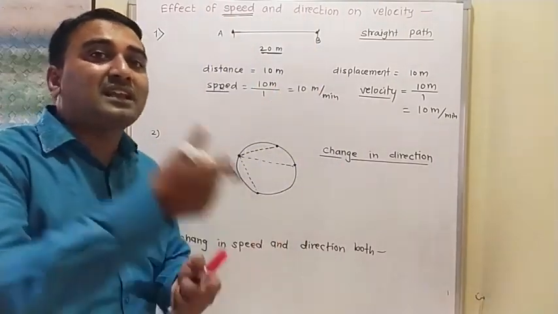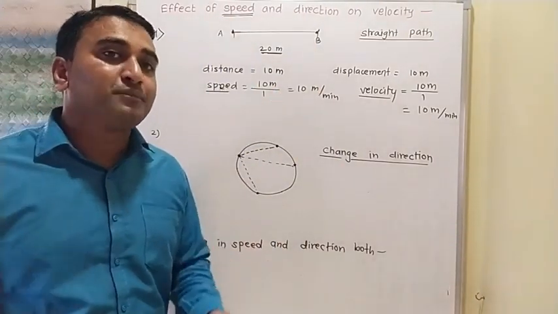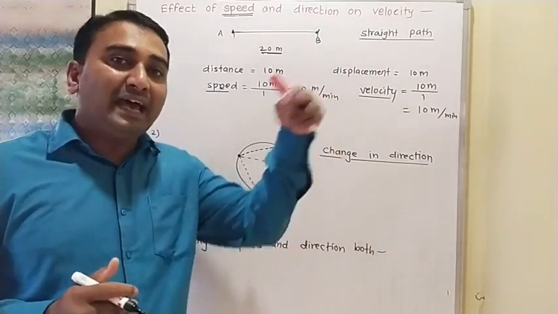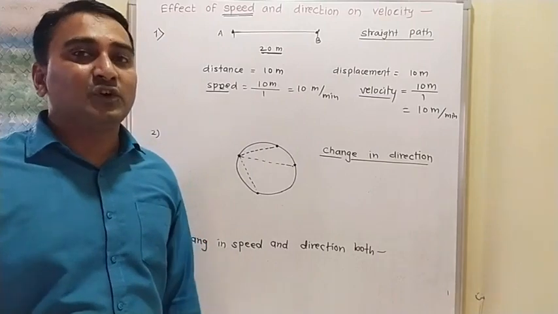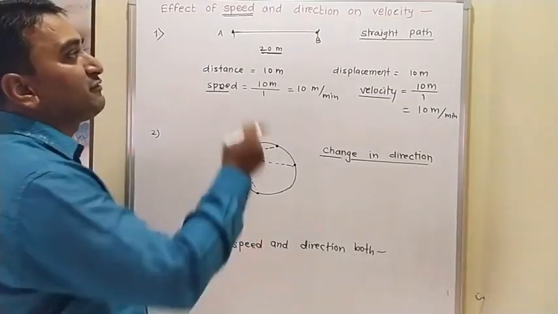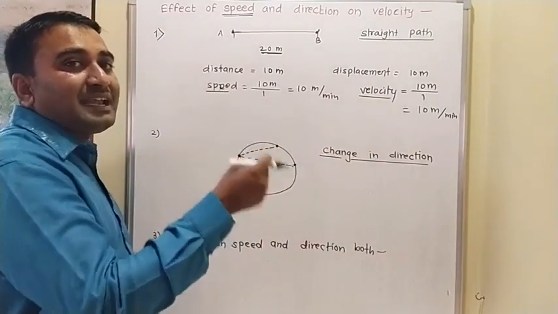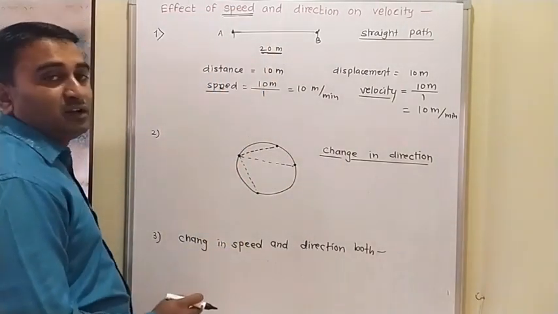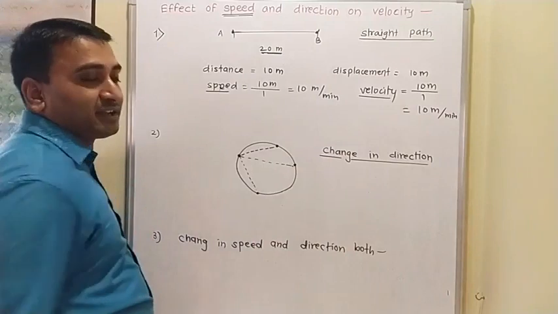As speed increases, velocity increases. As speed decreases, velocity also decreases. So this is the first relation: velocity can be affected by speed.